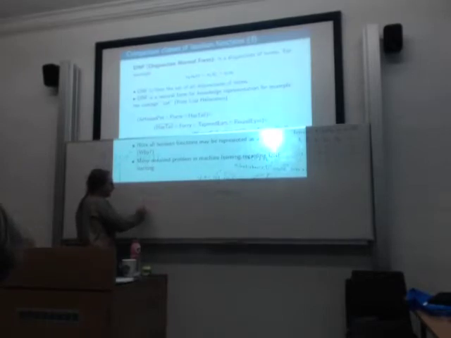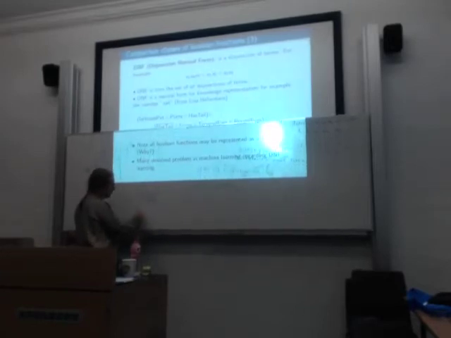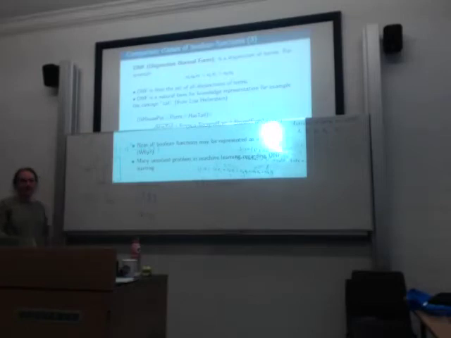I have the case where x1 is true, x2 is true, x3 is false, down to x1, x2, x3 all false. And I have 2 to the n cases, and I have to give a truth value to each of these cases. So there are 2 to the 2 to the n possible functions.